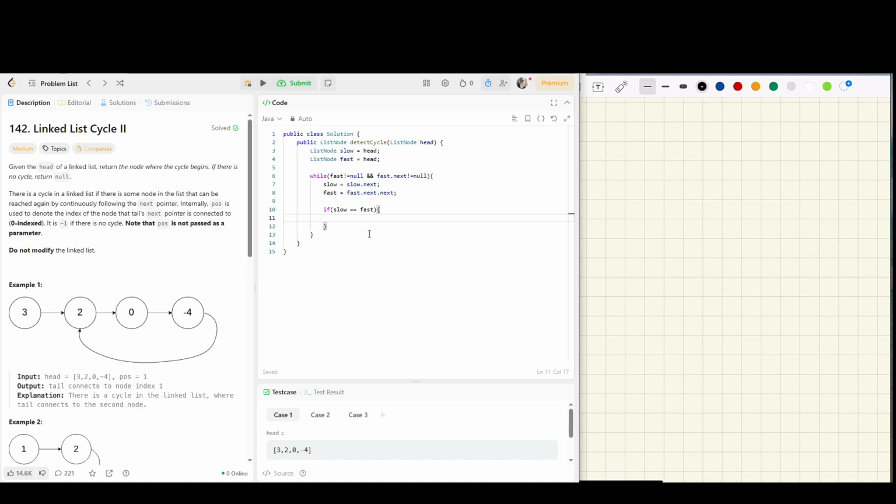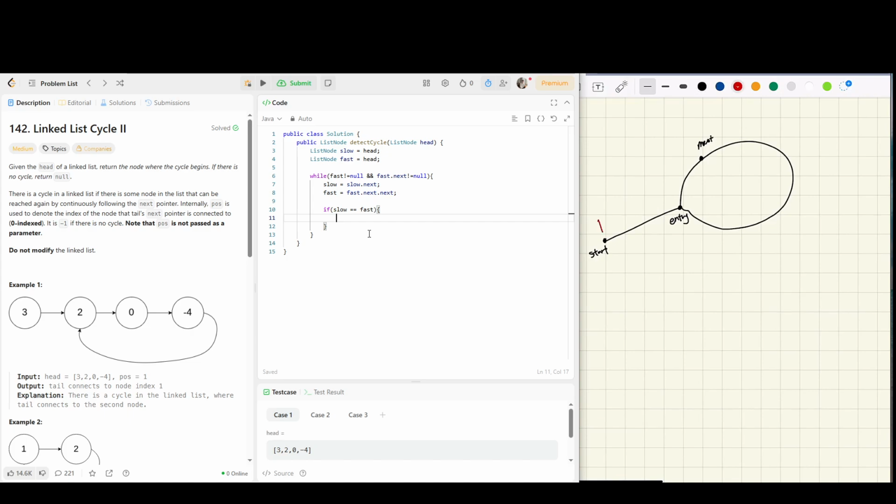So just to draw a diagram, that's where they meet, and that's the entry point of the cycle, the starting point. At this point, slow and fast will both be here, but we are going to create two pointers.